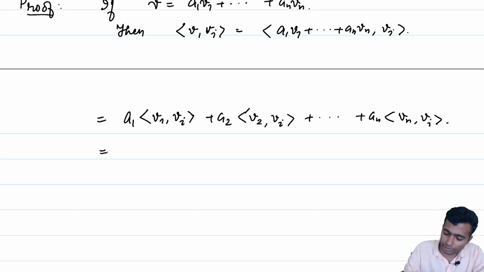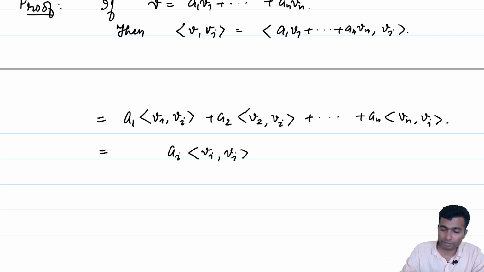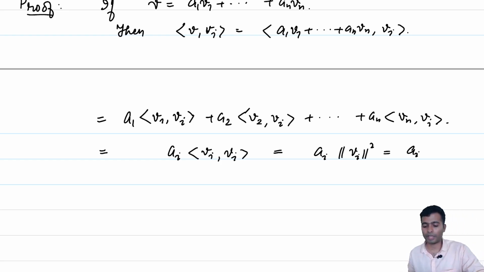We have already used this trick once before. So this is just Ai times the length of Vi squared, which is 1, and therefore this is equal to Ai, and that's precisely what we had set out to prove.